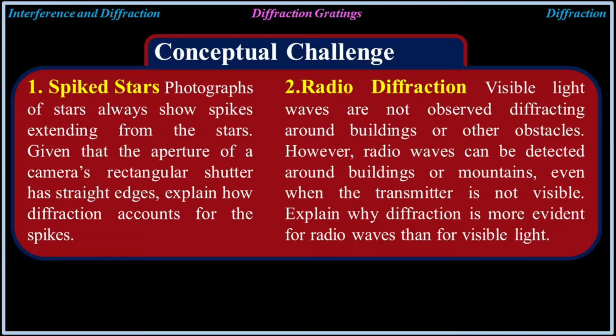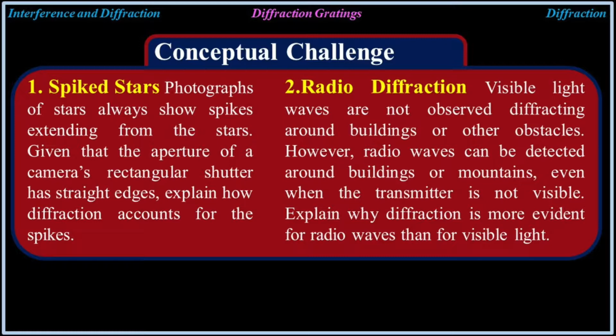Visible light waves are not observed diffracting around buildings or other obstacles. However, radio waves can be detected around buildings or mountains even when the transmitter is not visible. Explain why diffraction is more evident for radio waves than for visible light.